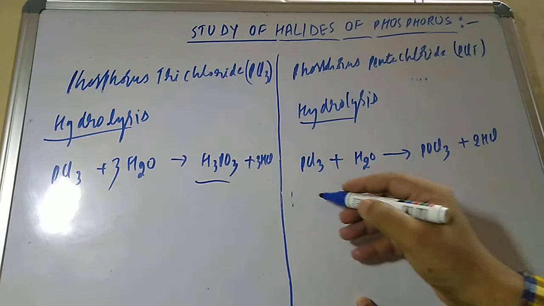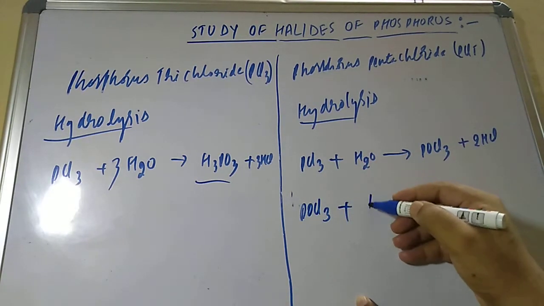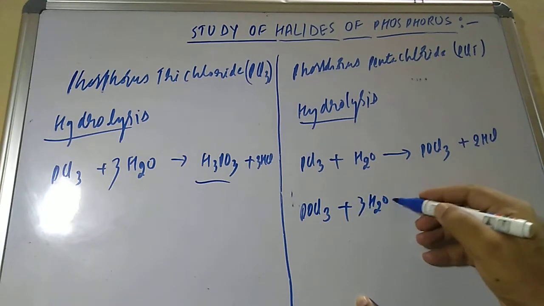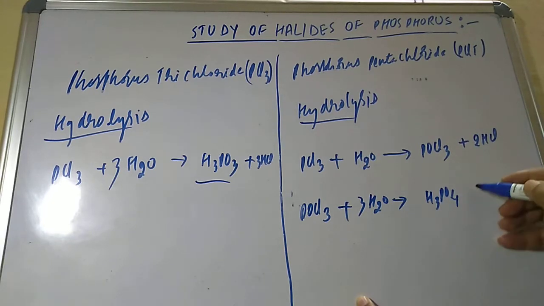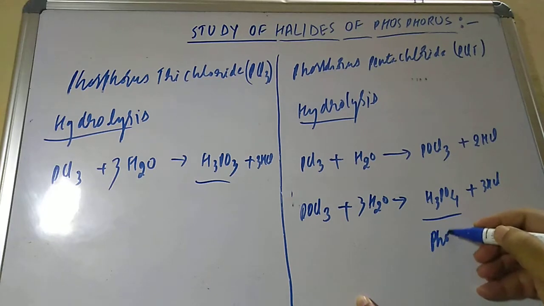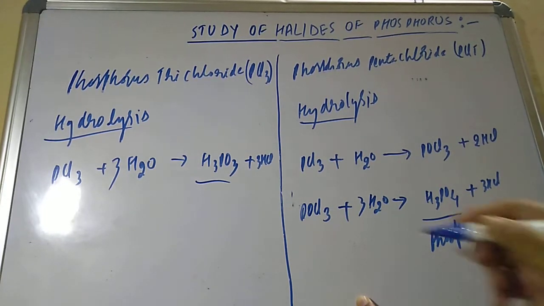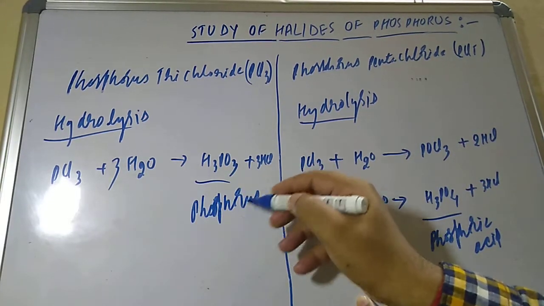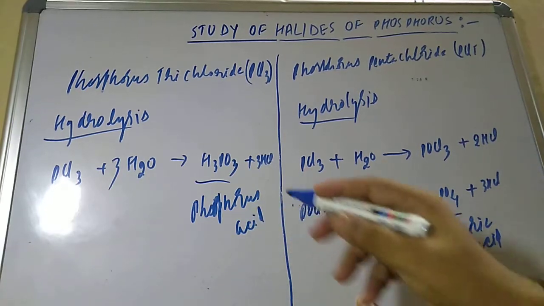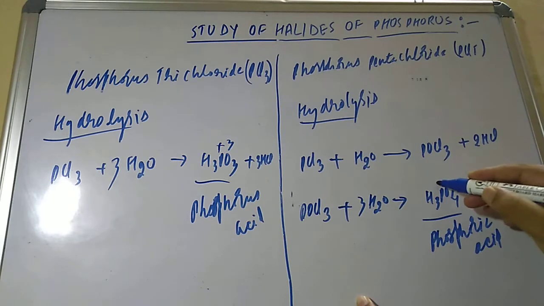Now this POCl3, if you treat it again with 3 moles of water, it will give H3PO4 plus again 3HCl. So this is phosphoric acid and this is phosphorus acid. Oxidation number here is plus 3 and here is plus 5.